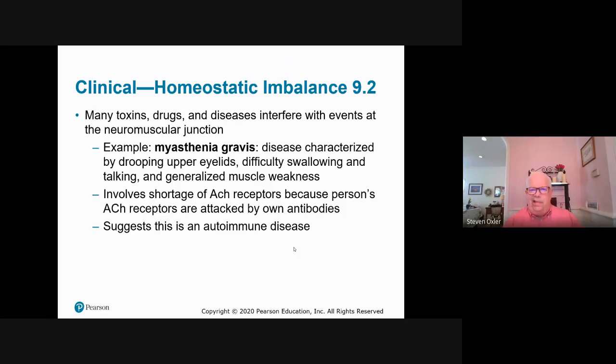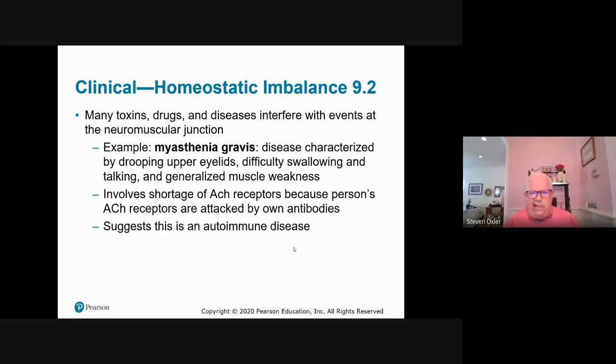It is a disease characterized by muscle weakness, and the majority of muscle weakness is in the face. You have drooping of both eyelids. You have difficulty swallowing, difficulty talking, and generalized muscle weakness.